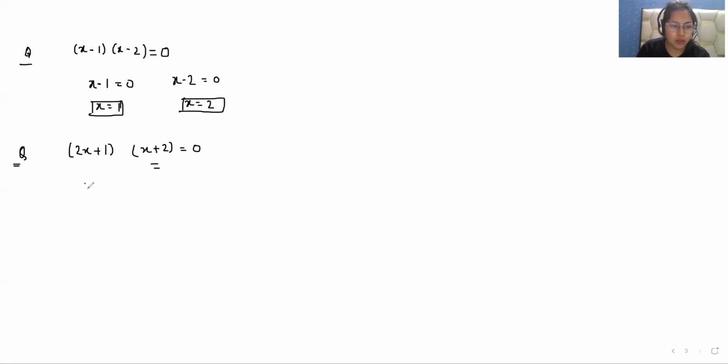So 2x plus 1 equals 0, 2x equals minus 1, and x equals minus 1 over 2, that means minus half. Here x plus 2 equals 0, so x equals minus 2. These are the two values that, when put in place of x, give 0.